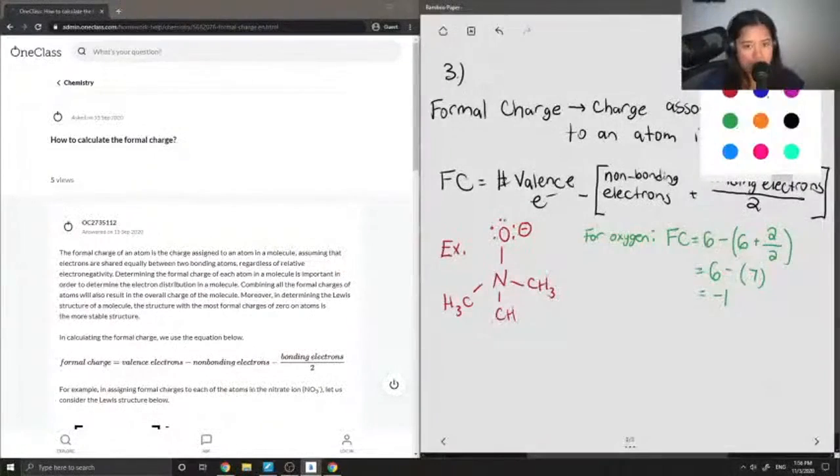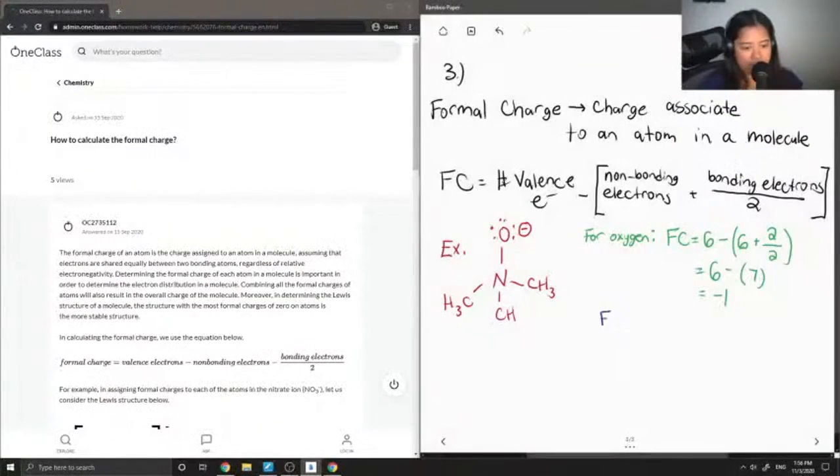So now let's do the same thing for nitrogen. Its formal charge is equal to nitrogen's valence electrons, which is 5, minus the non-bonding electrons. You see that this nitrogen has no lone pairs, so I'm going to write 0, plus the number of bonding electrons divided by 2.